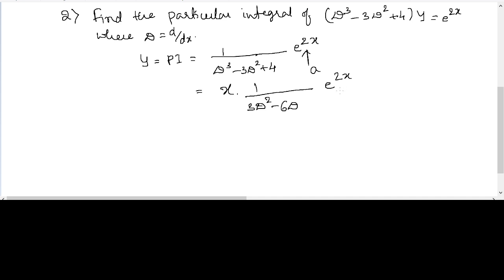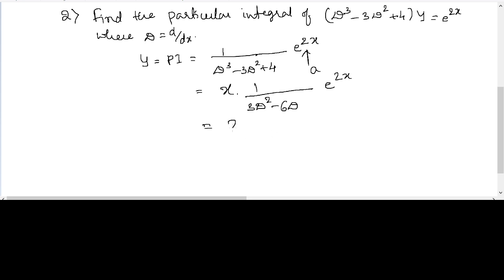Now again we continue with the replacement of D by a, D square by a square, etc. Even here we are going to get 0 in the denominator. You can see 3 into 4, 12, minus 6 into 2, 12. 12 minus 12 is 0. That is the case of failure again.